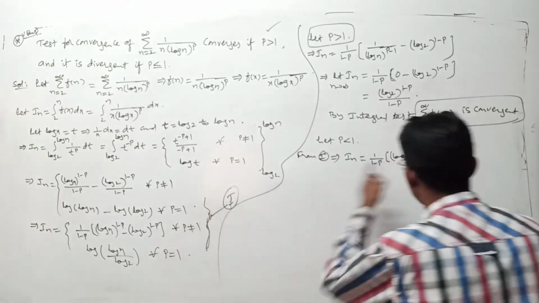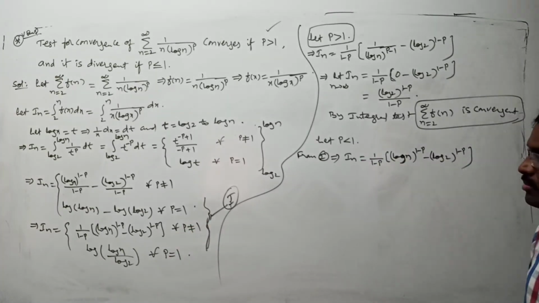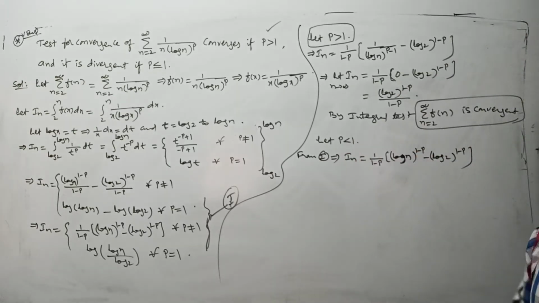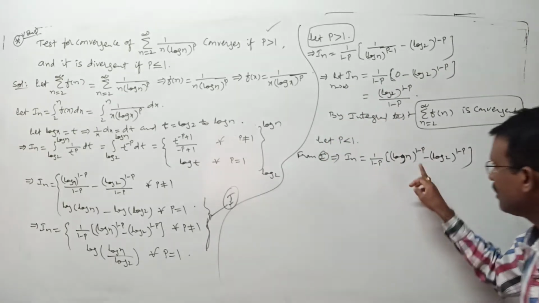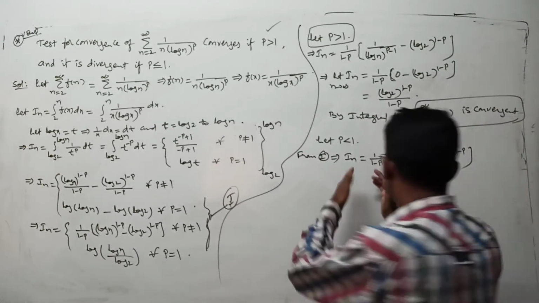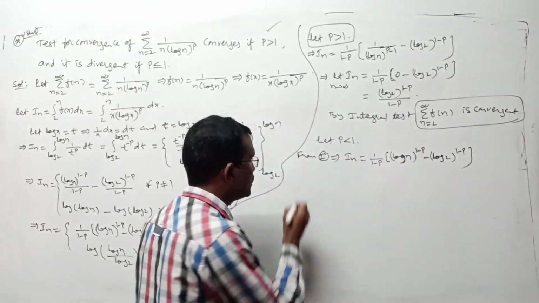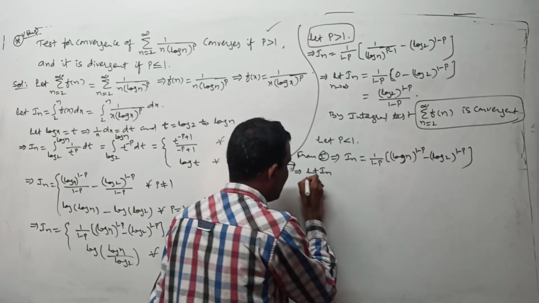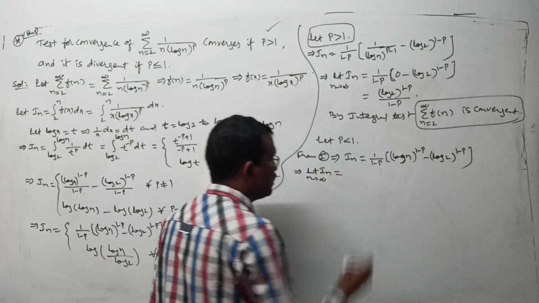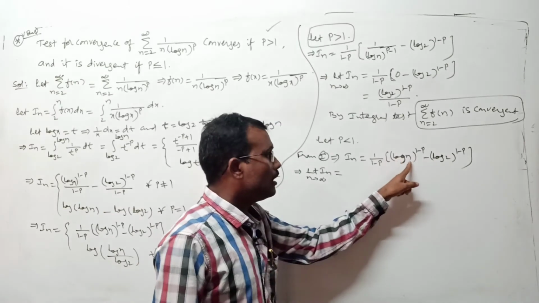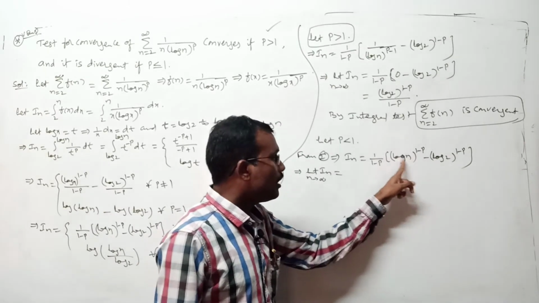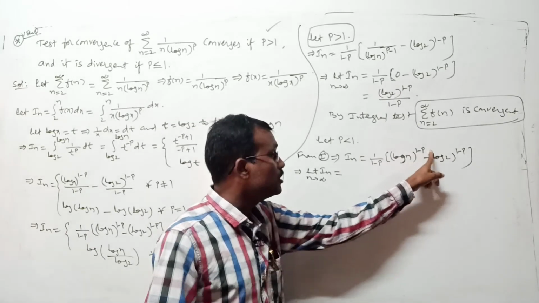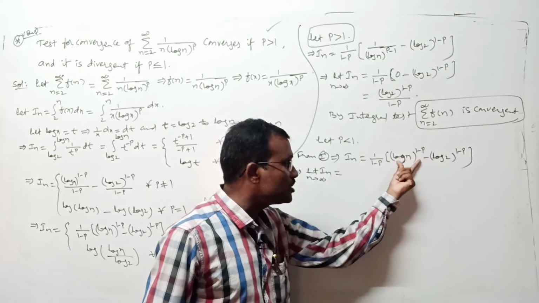Same, this term I have written as it is. I am not changing it, because p less than 1 means 1 minus p should be greater than 0. I want to keep 1 minus p as it is for the log result. Now take the limit as n tends to infinity on both sides. This implies limit of I_n as n tends to infinity: log n tends to infinity, and (log n) whole to the power of 1 minus p, because 1 minus p is greater than 0, also tends to infinity.